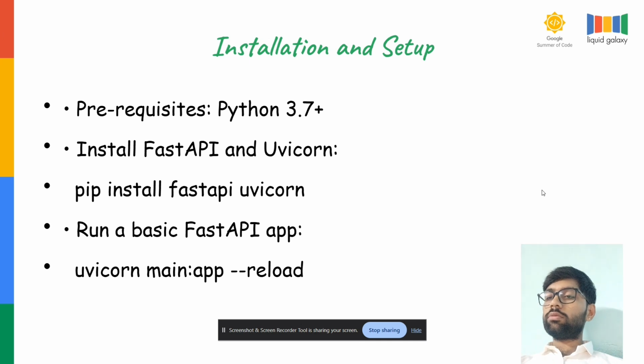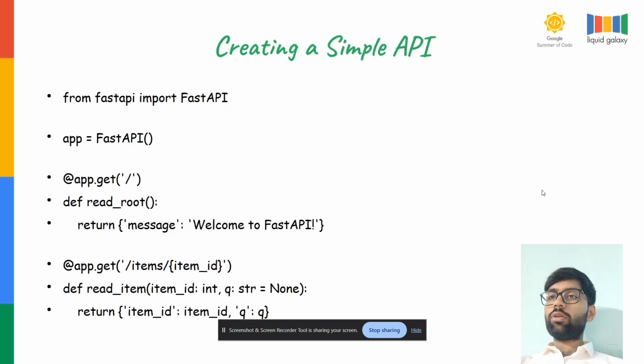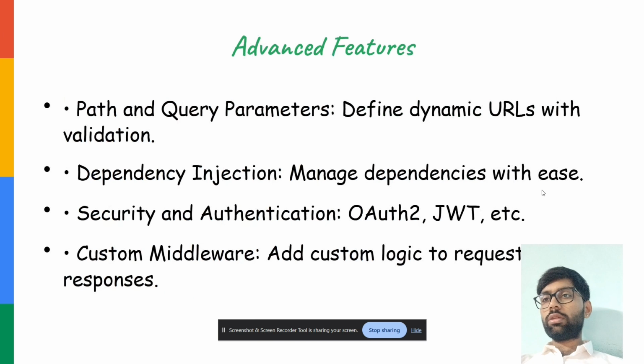And how to run the web server I will be showing in the live demo. Here I have kept a normal function example. I'm not going to show it now, but will do it practically so you can understand more.